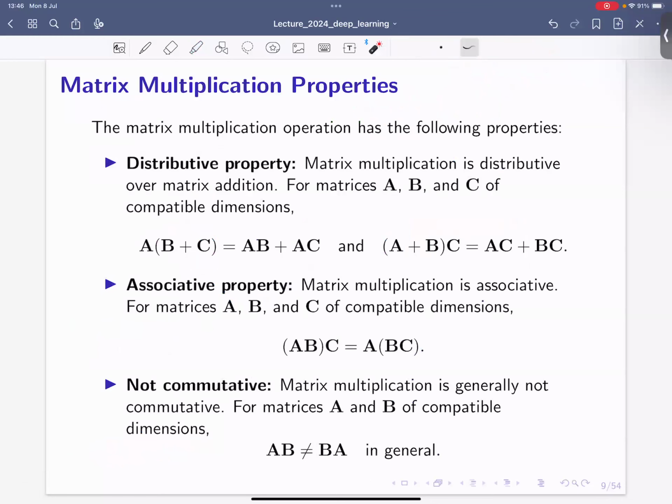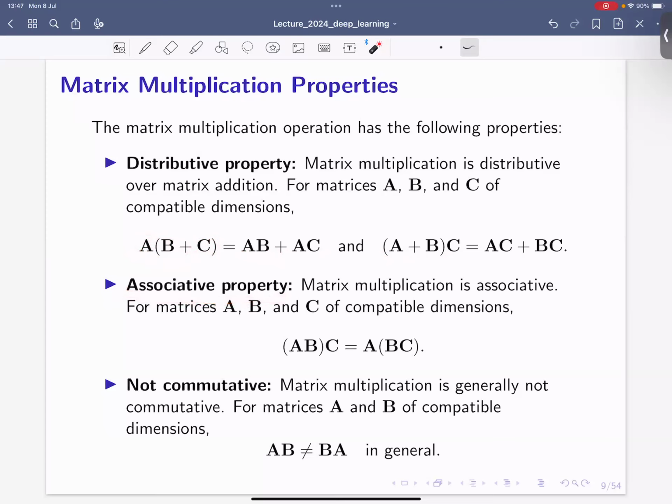What are some important properties of this matrix multiplication? So first of all, it follows the so-called distributive property. That means that if you take three matrices, A, B, C, you can simply write A times (B plus C) in brackets here as A times B, this one, plus A times C, this. And the same here when you do it for (A plus B) times C. Then it has a so-called associative property.